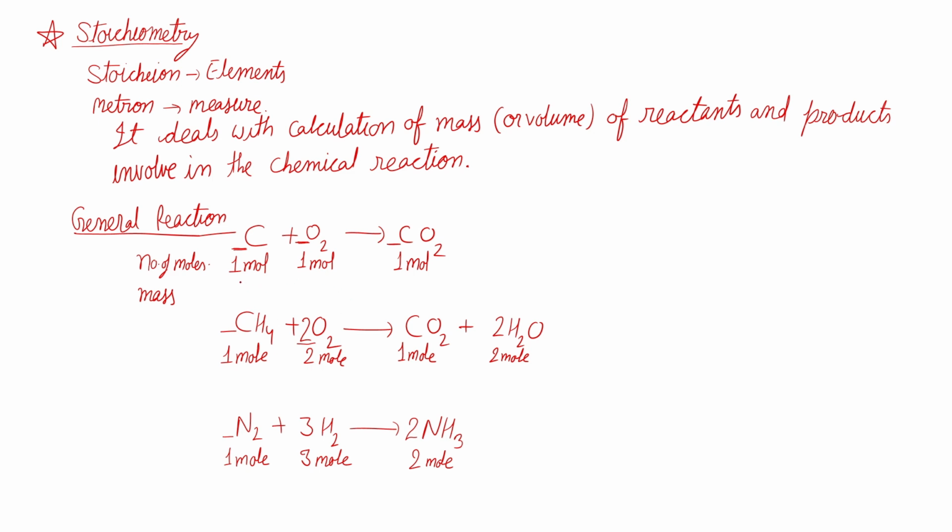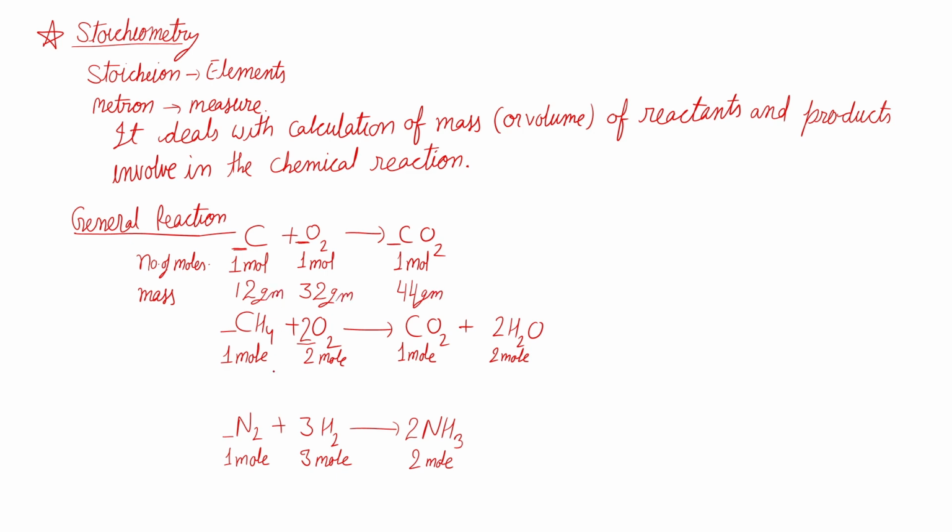Okay. So if we say mass, we can say by seeing the chemical reaction, because 1 mole means 12 gram of carbon is combining with 1 mole of O2, which is 32 gram, because O2 means दो एटम है O के अपने पास, तो 16 into 2 is 32, and will produce 44 gram of CO2 that we know.